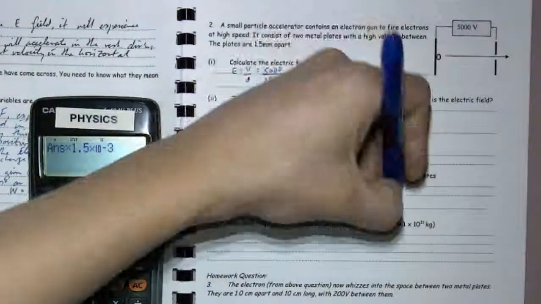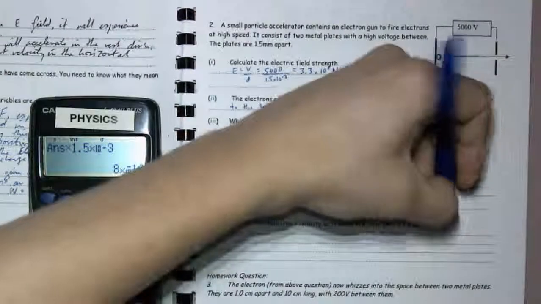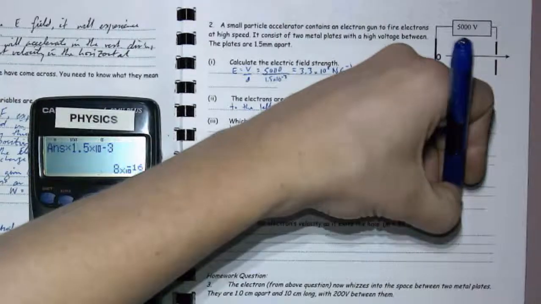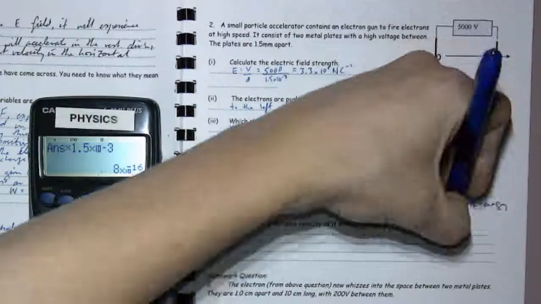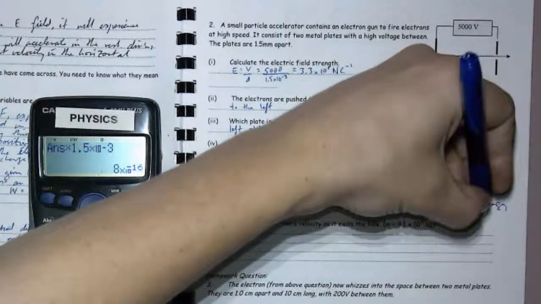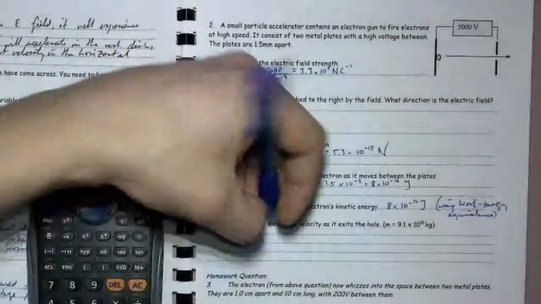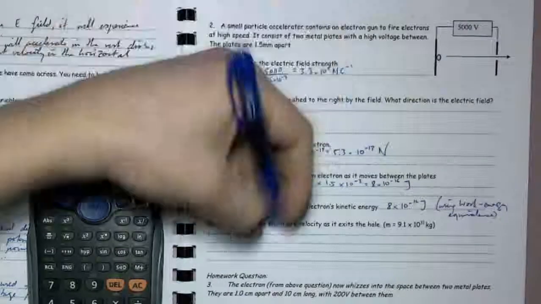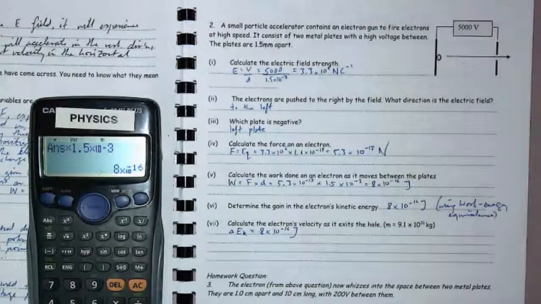Determine the gain in the electron's kinetic energy. Well, that must be the work done, using the work energy equivalence. Calculate the electron's velocity as it exits the gun. Well, the gain in kinetic energy is equal to 8 times 10 to the negative 16 joules.